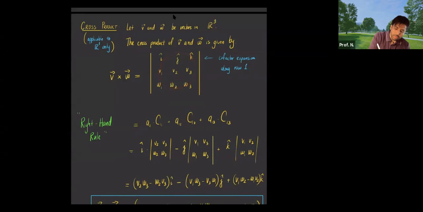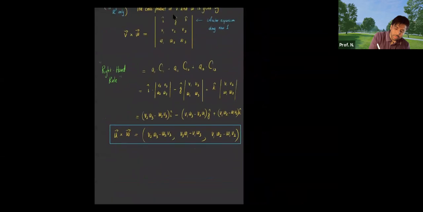Remember, when you switch the rows of a determinant, you switch the sign of the result. If you were to call this W and call this V, you would switch all of this around, just put a negative. That's why you would have an inverted version of the result. Does that make sense? So all of this is consistent with the rules of determinants. Swapping one row negates the determinant, which results in the opposite vector.